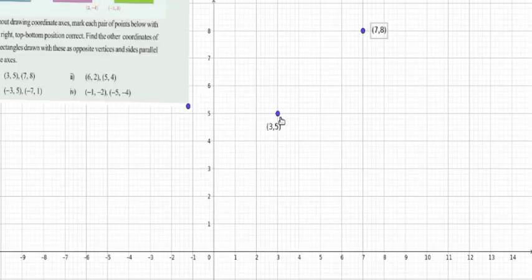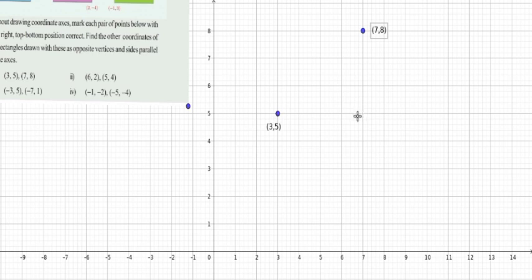See, these two are the points, that is (3, 5) and (7, 8). Without drawing the coordinate axis, we can find the coordinates, right? See here, if the line is parallel to the x axis, the y coordinates are the same. So the other vertex is (3, 8), right?